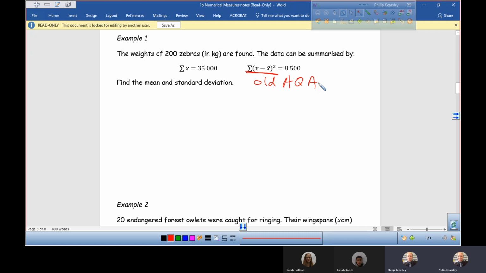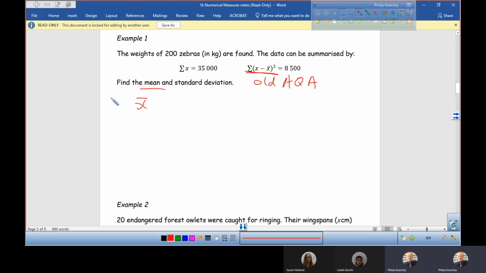Because if I was an examiner and I found there was a formula in the formula booklet for your exam, I could actually set you the question on any formula that's in the formula booklet. So in theory, they could still ask for this format.